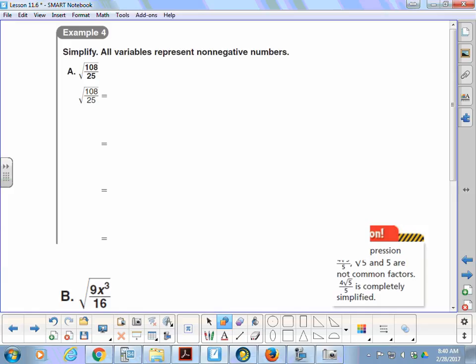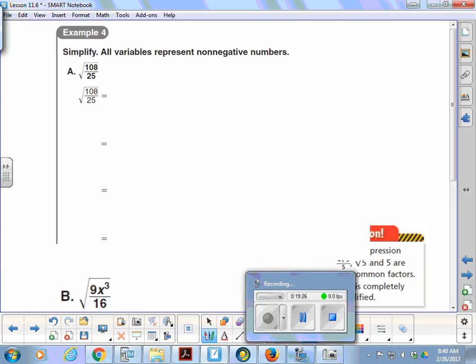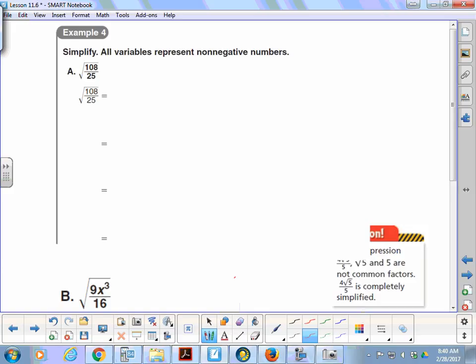So my first step is going to be to pull them apart. First step is pull them apart. So I'm going to write it as the square root of 108 over the square root of 25.